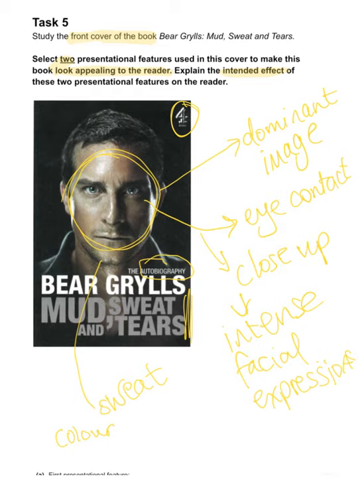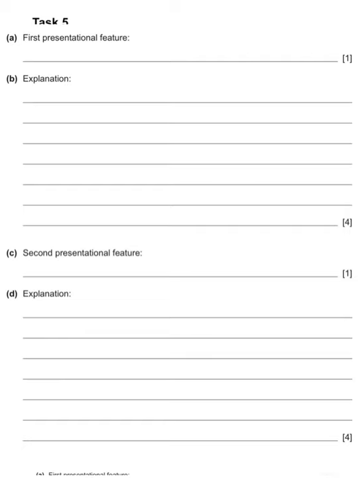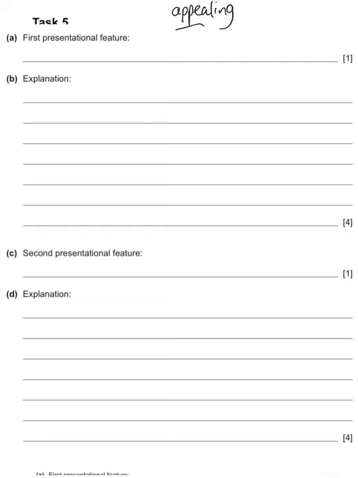Okay, so here's our answer sheet, and the answer sheet is laid out, as you can see, with your identification of the presentational feature being worth 1 mark, and then 4 marks being available for your explanation of how the presentational features are appealing and what their intended impact is.